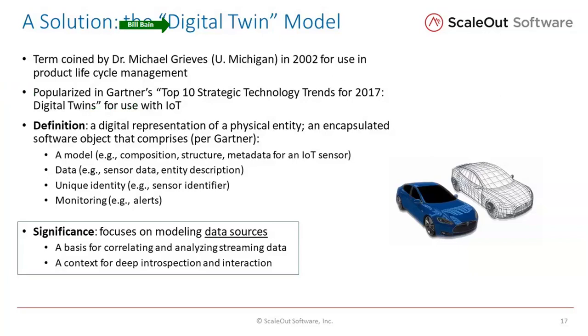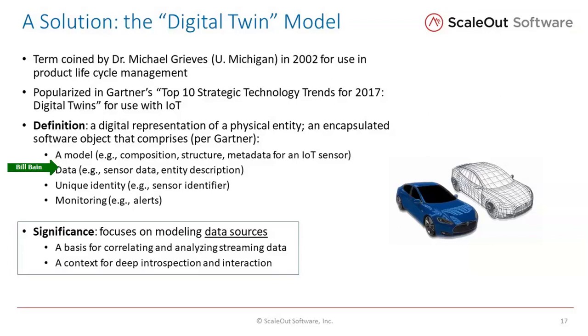For now, let's just talk about the Gartner definition. At a high level, a digital twin is a model, typically of a physical data source or physical structure, which can be a substructure in a more complex system. And it has associated with it data for that instance, I like to say in object-oriented terms, that instance of the physical structure.